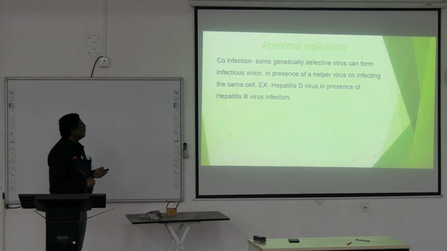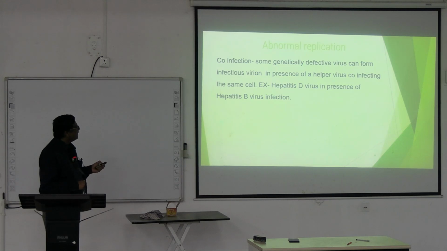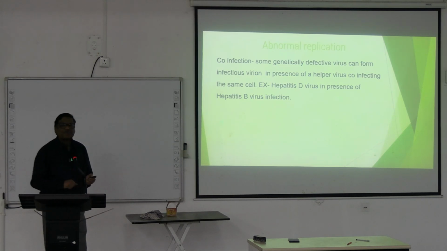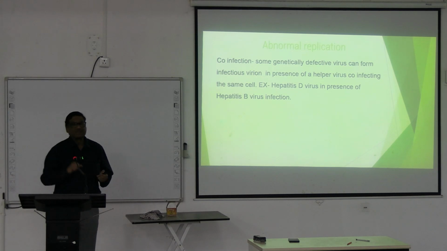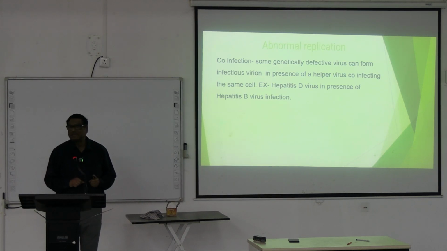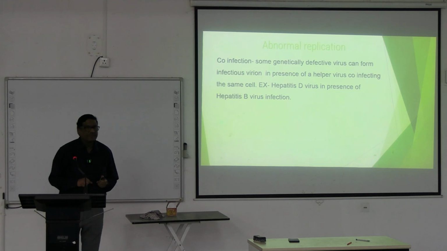Abnormal replication, co-infection: some genetically defective virus can form infectious virion in the presence of a helper virus co-infecting the same cell. Liver cell, say for example. Hepatitis D virus enters the liver cell. But that virus is a replication deficient, incomplete virus, and cannot replicate until and unless there is hepatitis B virus infection.